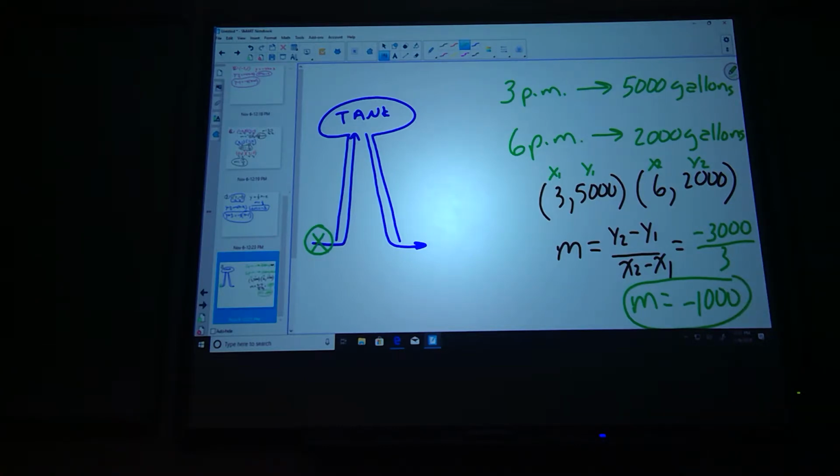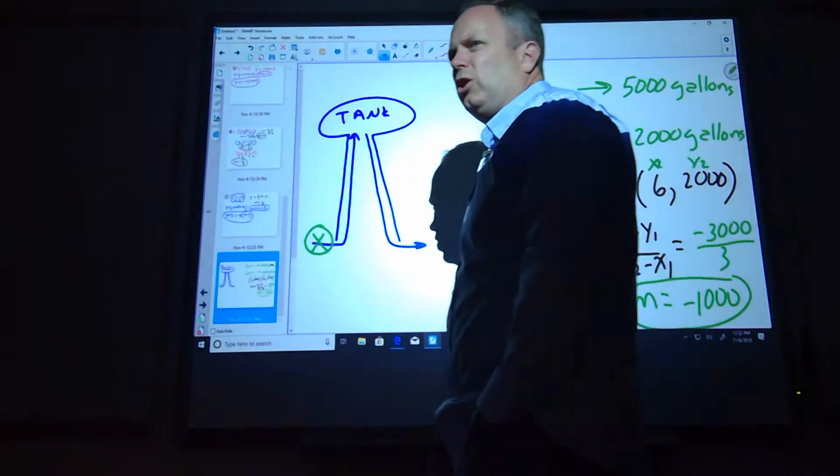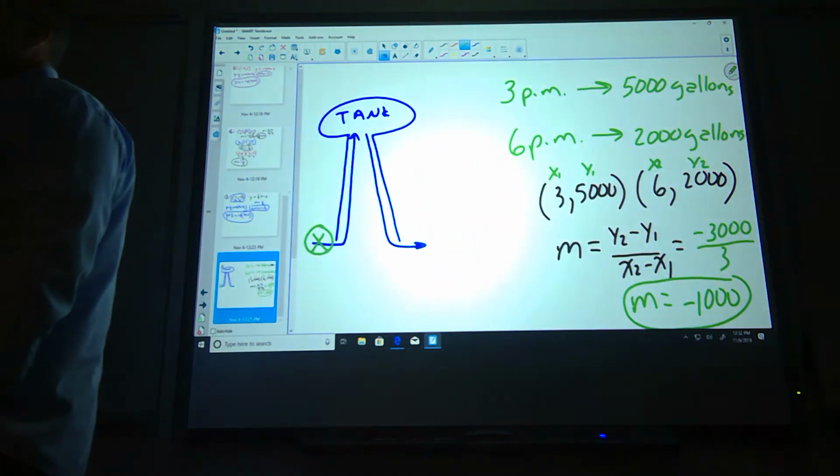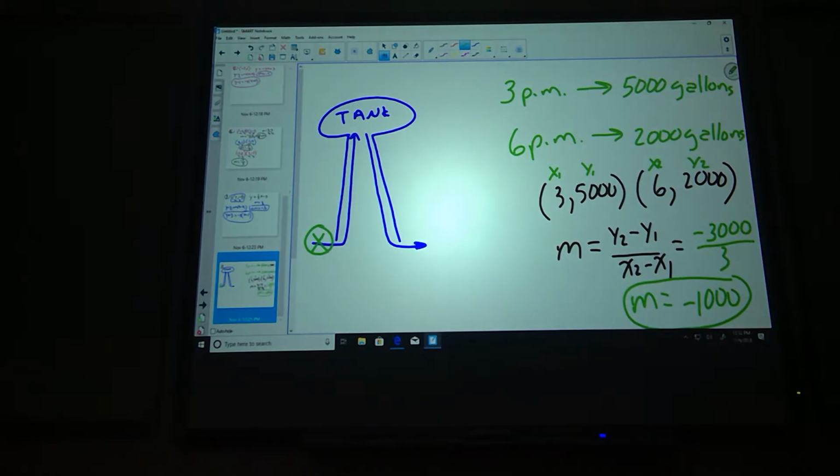Okay, so let's think about this. In the context of our problem, we have time and we have gallons. Agree? So what do you think the slope means in the context of this problem? Just give me a shout out. What do you think? Lost? Okay.